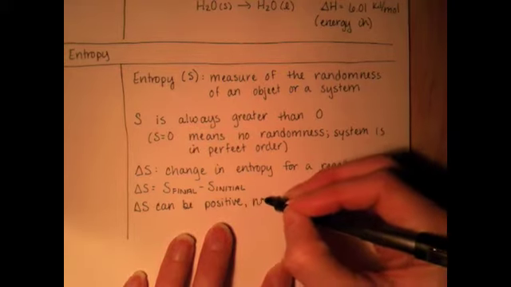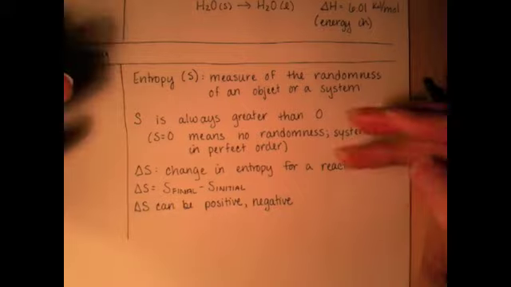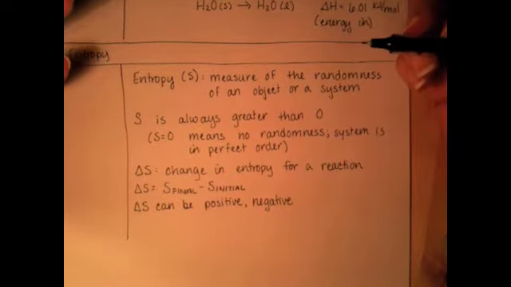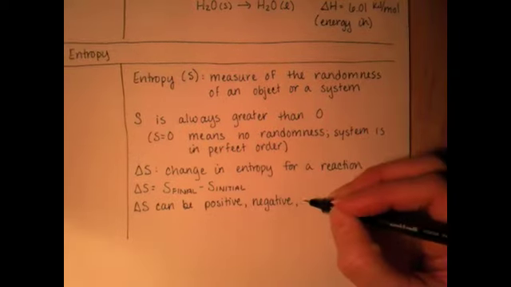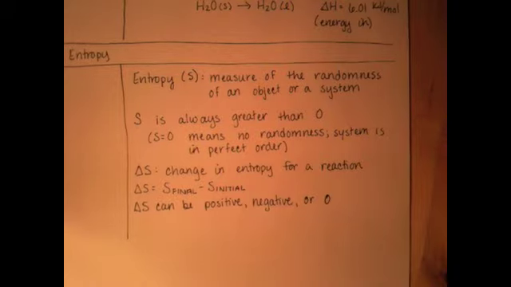It can be negative if the chemical reaction produces some sort of order in a system and the entropy decreases, or if the products are more ordered than the reactants. Or it can be 0 if the randomness is the same at the beginning and the end.